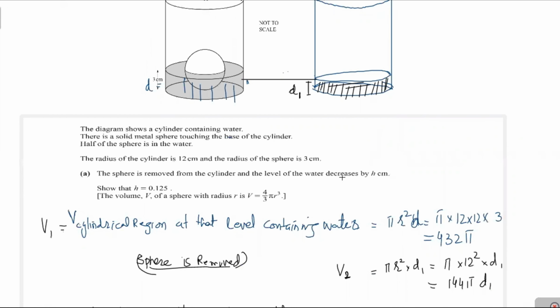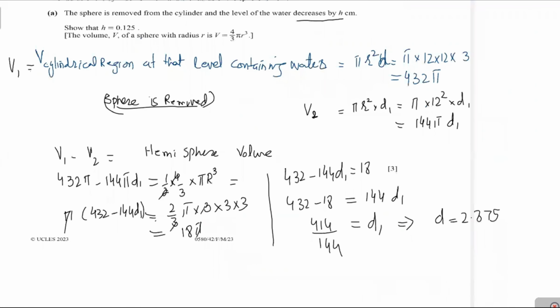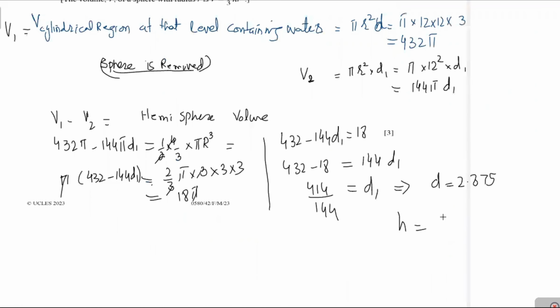Now we have to find the height. This is the height, the water level decreases level. You see here, the decreasing water level will be equal to D minus D1. This is the height we have to find, and H will be equal to D minus D1. Therefore, that's height will be equal to 3 minus D1. This length is D, and this is 2.875.